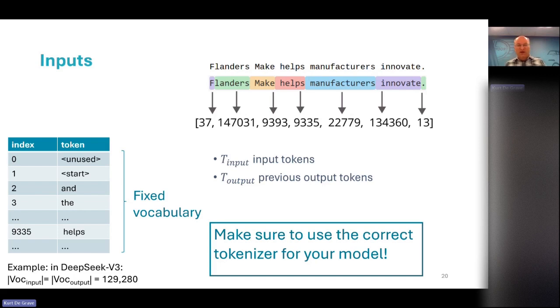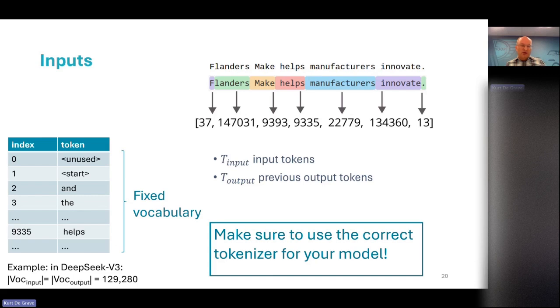So let's say Flanders Make helps manufacturers innovate is our input sequence. How is it processed? Well, this input is tokenized. This fixed vocabulary of possible tokens is consulted, and this stream is split into those tokens.